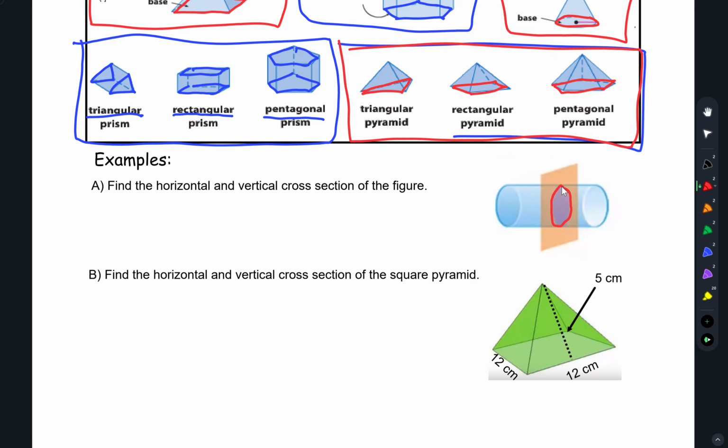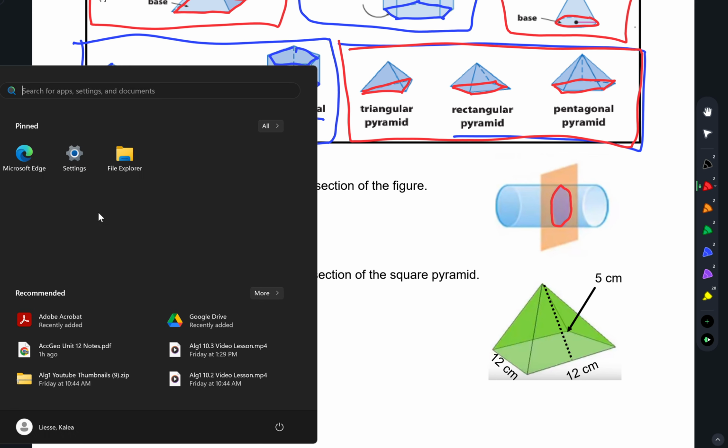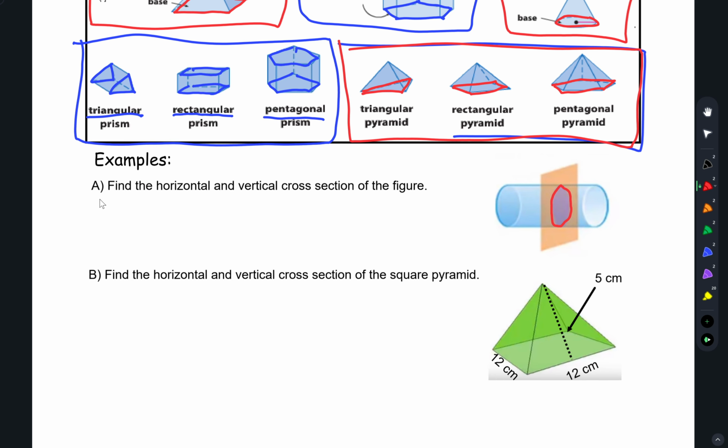We're imagining slicing this cylinder through the middle vertically. It depends on the orientation of your shape. Maybe it's laying on its side, maybe it's standing up on its base.